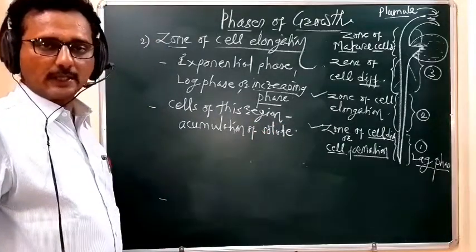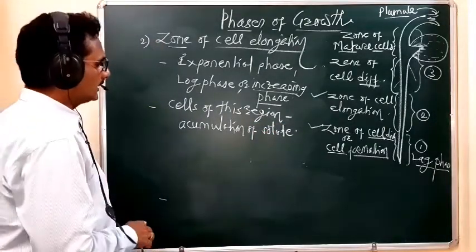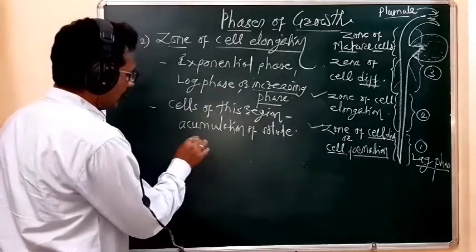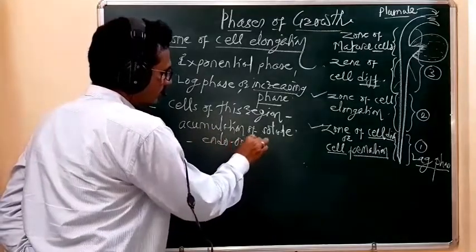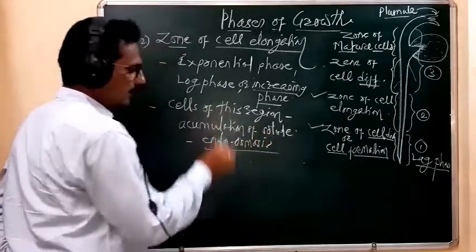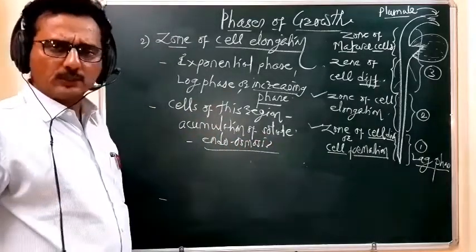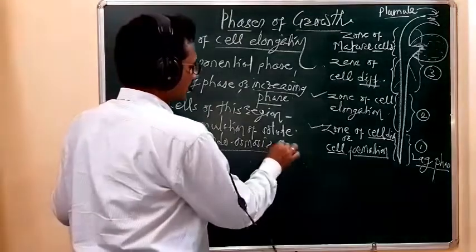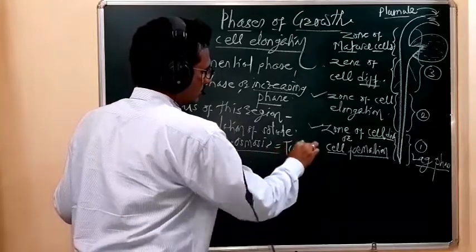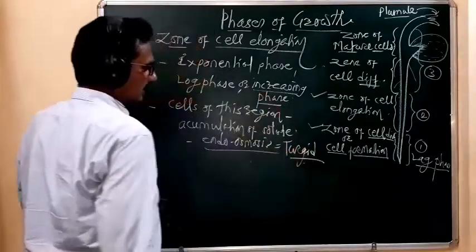Because of the accumulation of solute, the cell shows endoosmosis. Because of this endoosmosis, what happened? The cells become turgid.